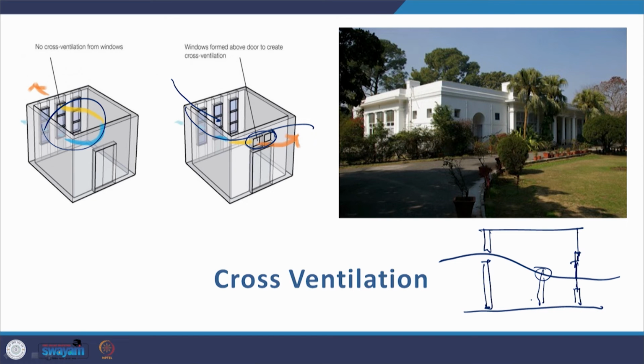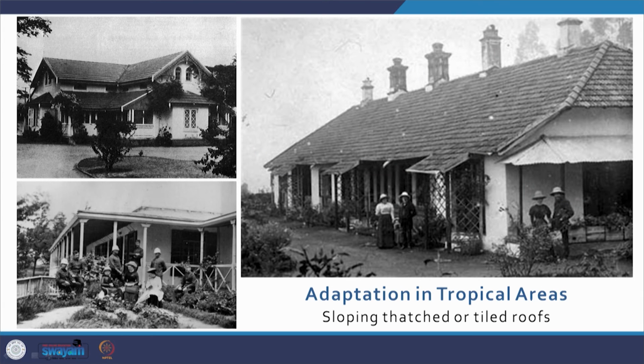They adopted these ideas for India's climatic conditions, and the adaptation continued in other tropical areas of India like South India, where they went in for sloping, thatched and tiled roofs, because that was what was needed for the other parts of India where these buildings were built. So the idea continued to be the bungalow idea, but it was modified based on the climate of the place where it was to be built.